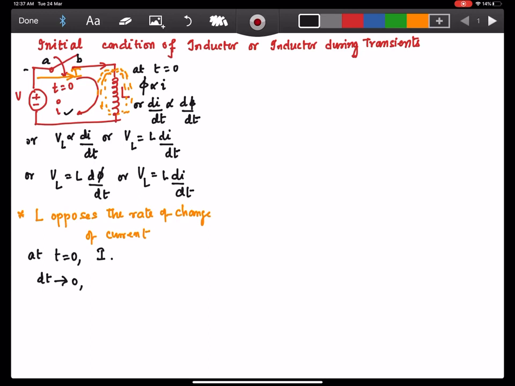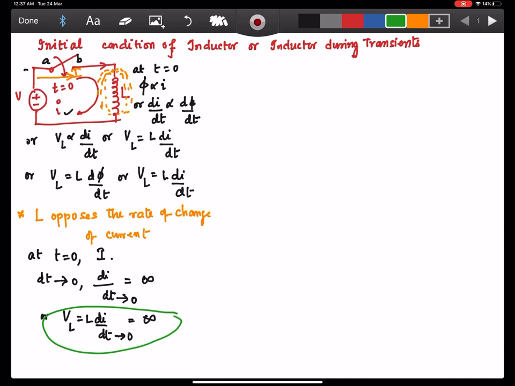Then di divided by dt, with dt tends to 0, will give an infinite value, so the voltage across the inductor, which is given by L di by dt, is infinity. Practically, this value of inductor voltage is not possible. So we can conclude that the inductor opposes the instantaneous change of current.